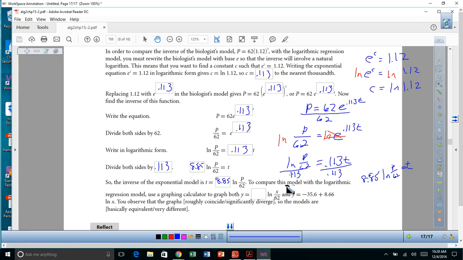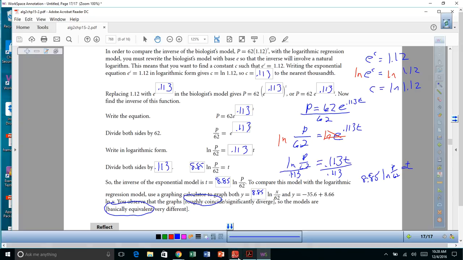To compare this model with the logarithmic regression model, use a graphing calculator to graph both y equals 8.85 natural log x over 62 and y equals negative 35.6 plus 8.66 natural log of x. You observe that the graphs roughly coincide. So the models are basically equivalent.